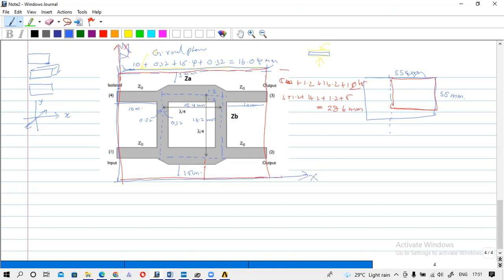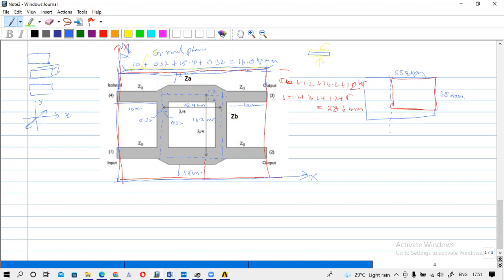And this is the plate we want to create. For the x-axis, it should be the total length from here to here, that is 16.04. Correct?